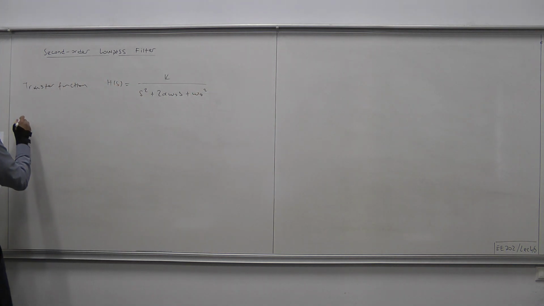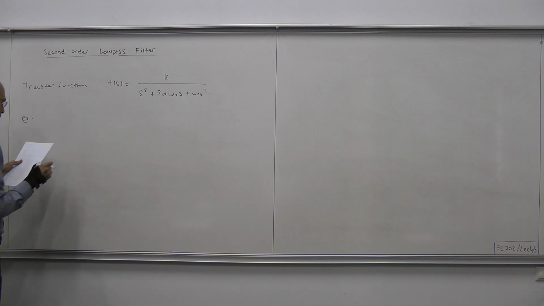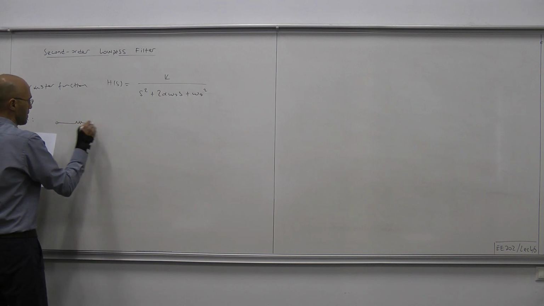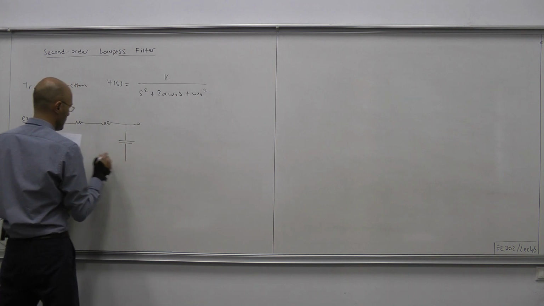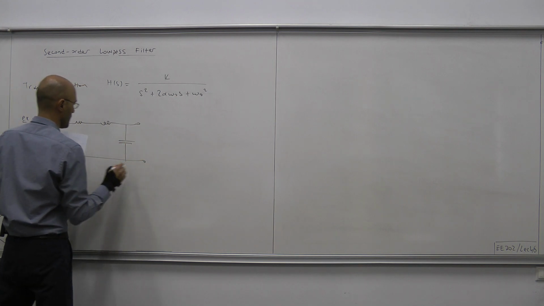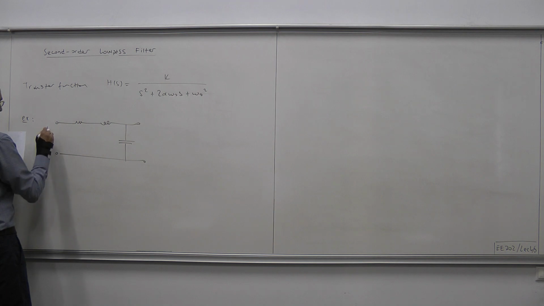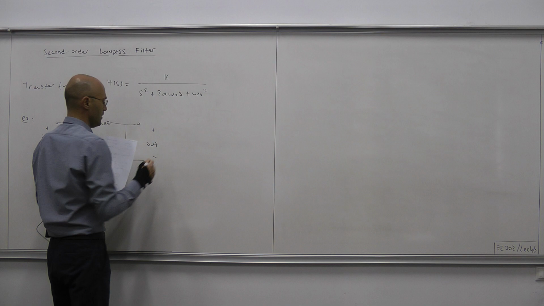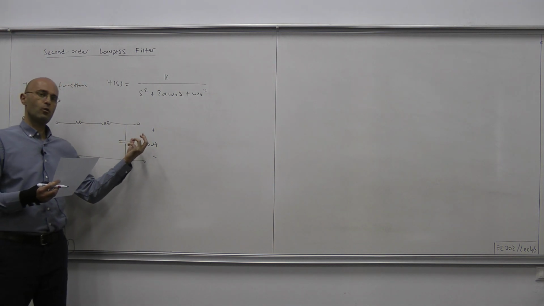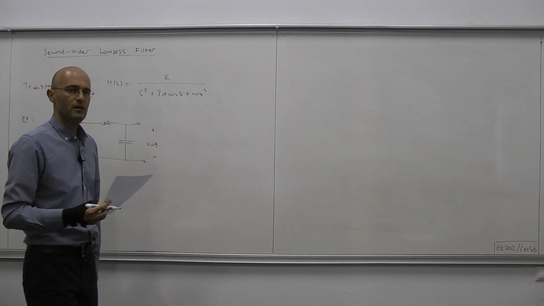Okay, an example topology would be the following. Okay, here we have the input voltage, and here we have the output voltage, where we collect the voltage from the terminals of the capacitor.